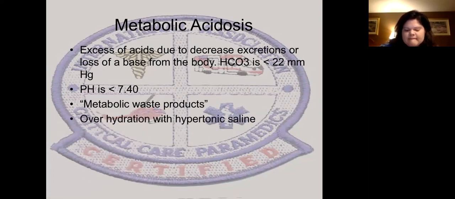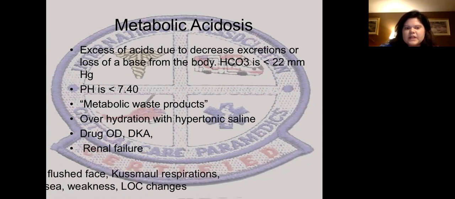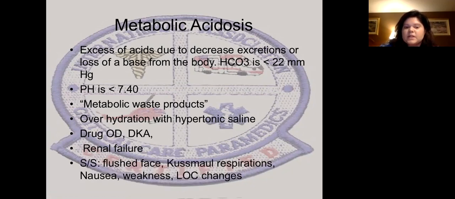So overhydration or hypertonic saline, drug overdose or DKA. This could be our renal failure patient. They aren't filtering out as they need to. Signs and symptoms of this type of patient: flushed face, Kussmaul respirations, nausea, weakness, and LOC changes.